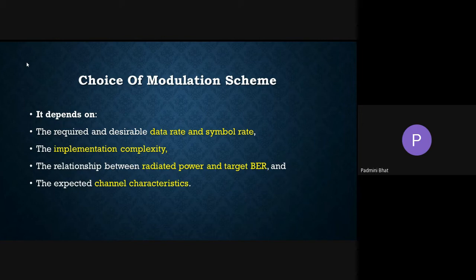So there is a difference between data rate and symbol rate when we go for the higher order modulation schemes. If you are talking about ASK, FSK and BPSK, my data rate and symbol rate are the same. Hope you can make this difference very clear. Data rate is the rate at which bits are transmitted per second. Symbol rate is the rate at which symbols are transmitted.